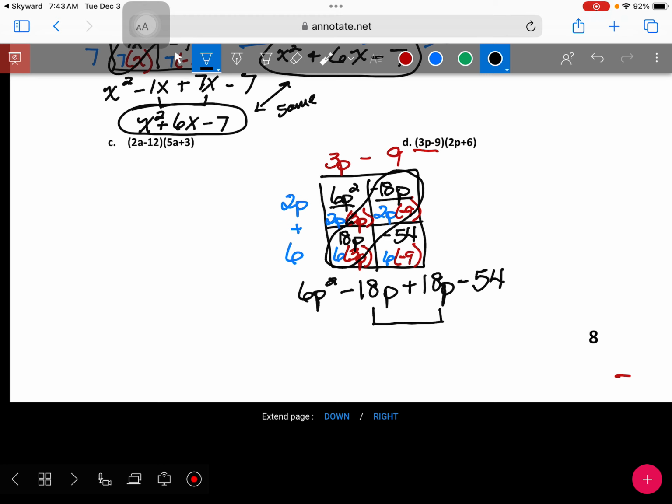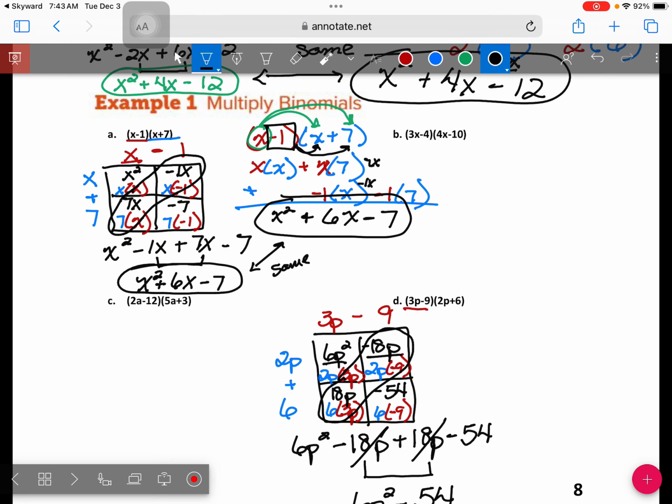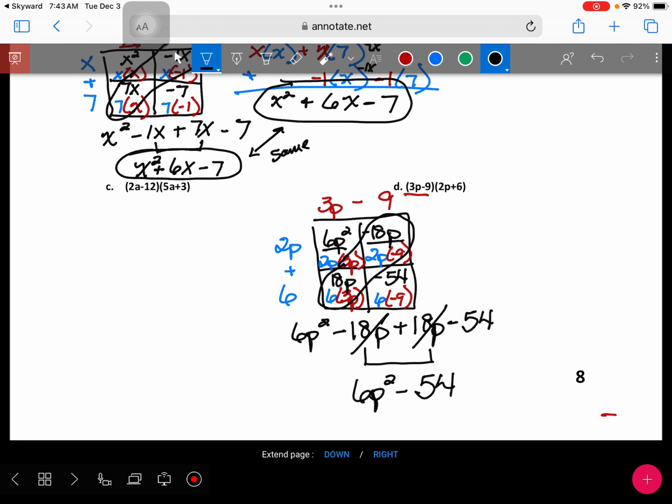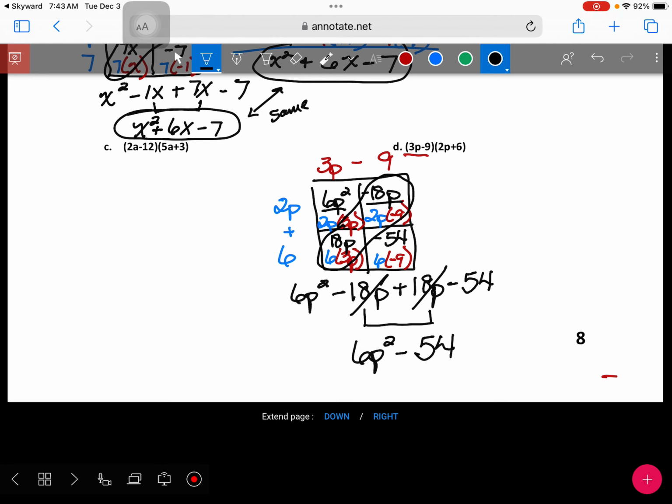No, it is 0 because 0 times p is 0. Those actually totally cancel out. So we are left with 6p squared minus 54. Most of the time, your answers are going to have 3 terms, but if those middle 2 terms cancel out exactly, then you'll be left with 2 terms.